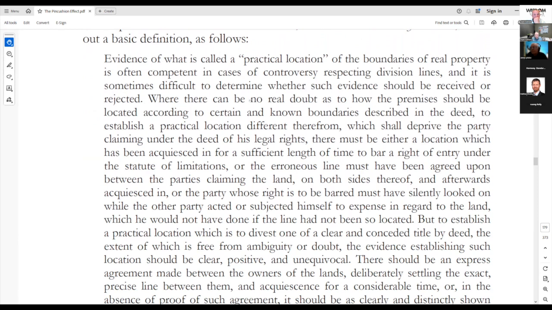Where there can be no real doubt as to how the premises should be located according to certain and known boundaries described in the deed, to establish a practical location different therefrom, which shall deprive the party claiming under the deed of his legal right, there must be either a location which has been acquiesced in for a sufficient length of time to bar a right of entry under the statute of limitations, or the erroneous line must have been agreed upon between the parties claiming land on both sides thereof, and afterwards acquiesced in, or the party whose right is to be barred must have silently looked on while the other party acted or subjected himself to expense in regard to the land, which he would not have done if the line had not been so located.